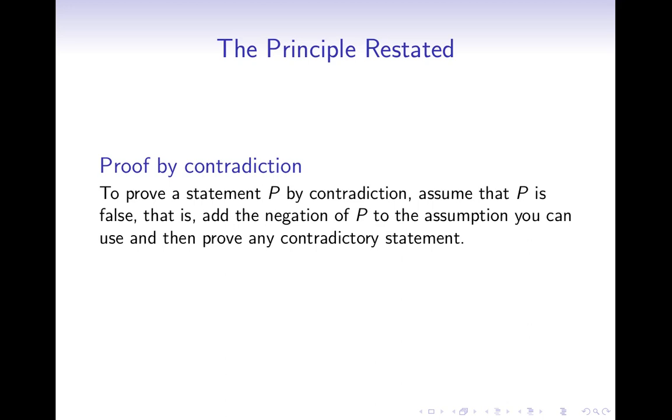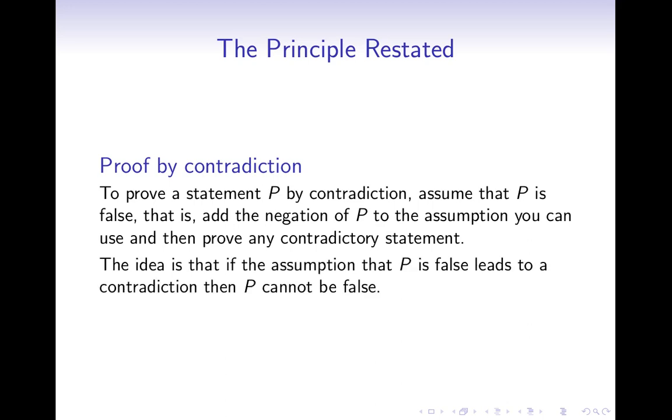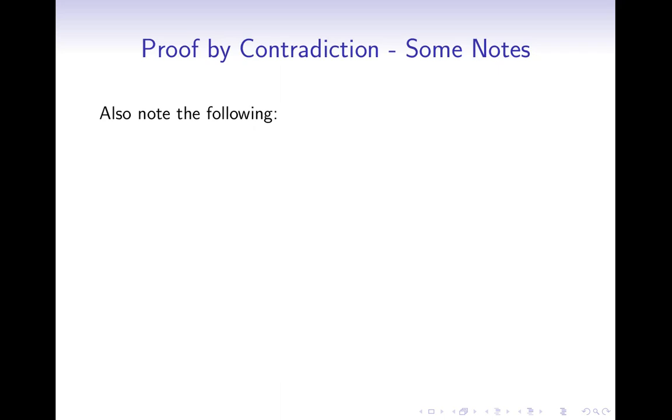And then using that and other assumptions, you prove any contradictory statement. And the idea is, if the assumption that P is false leads to a contradiction, P can't be false. It must be true.